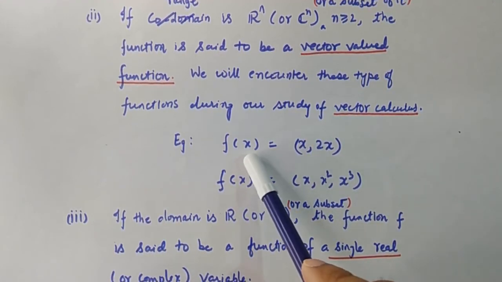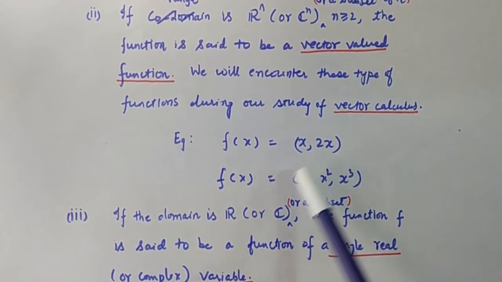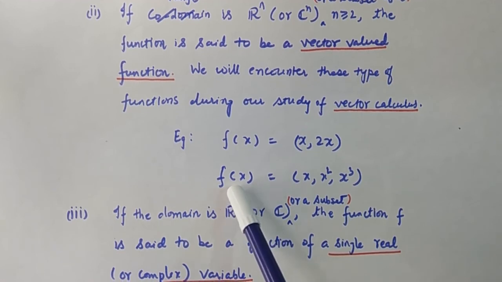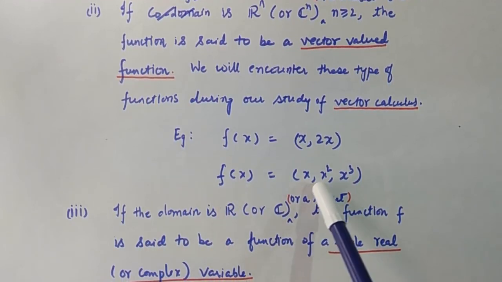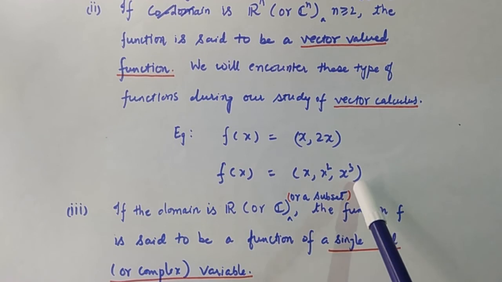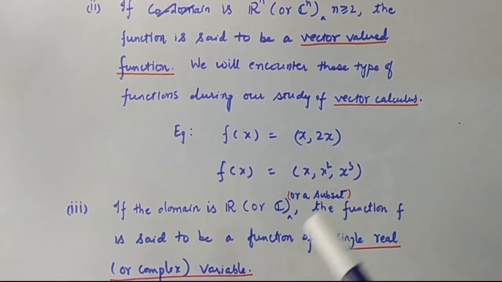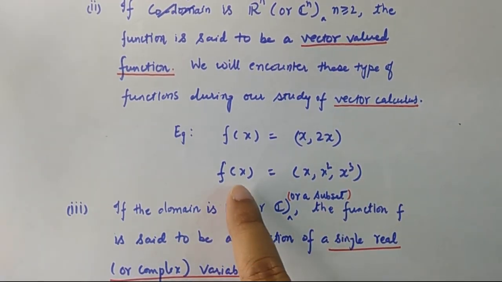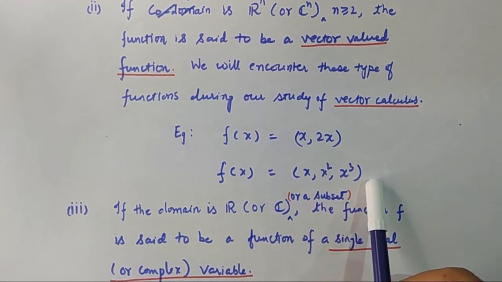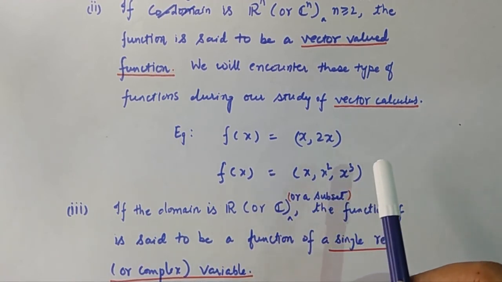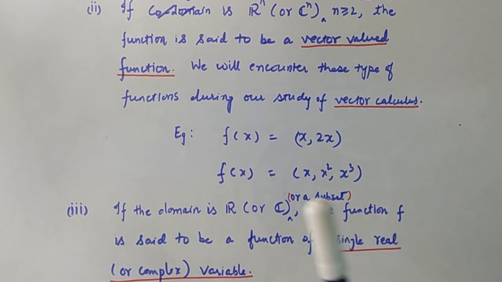Therefore, this is an example of a vector valued function. And so is the other function f(x) equal to (x, x square, x cube), which belongs to R3. This function f takes values in R3. Hence, this is also a valid example of a vector valued function.